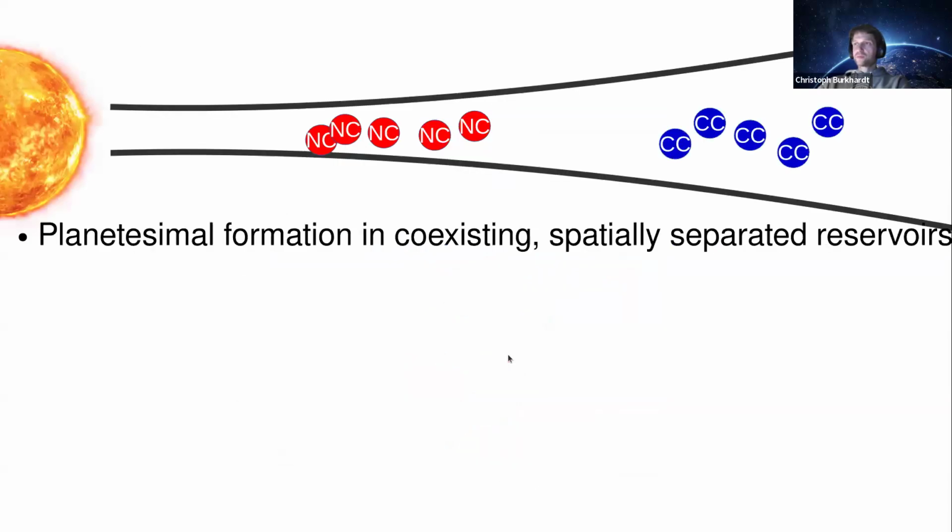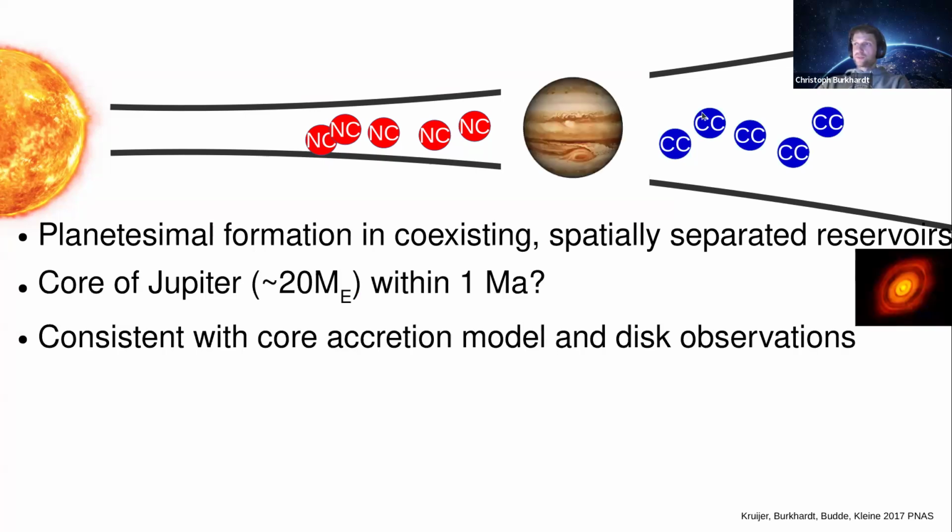That means we have the case that they must have formed in coexisting but spatially separated reservoirs. And for an extended period of time. And it was already speculated by Warren that this might relate to formation locations inside and outside of Jupiter.